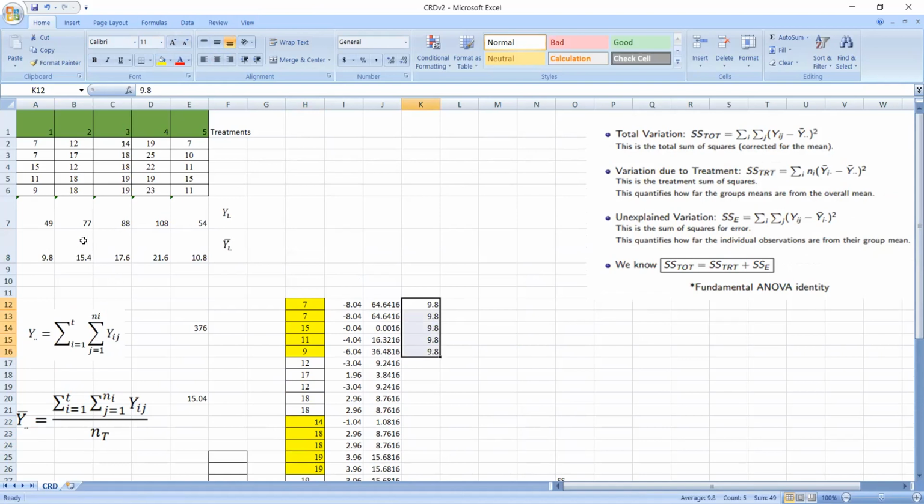And for the second treatment, that is 15.4. So I'm going to put 15.4 for the next 5 observations. And then we have 17.6. So let's take 17.6 for the next 5, and then 21.6.